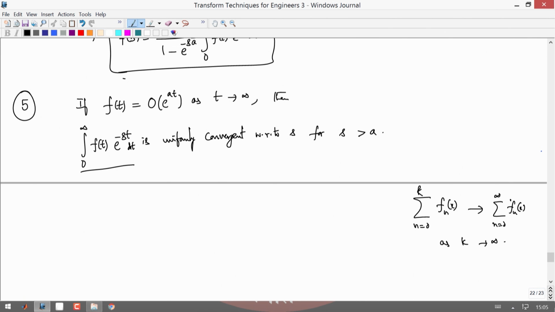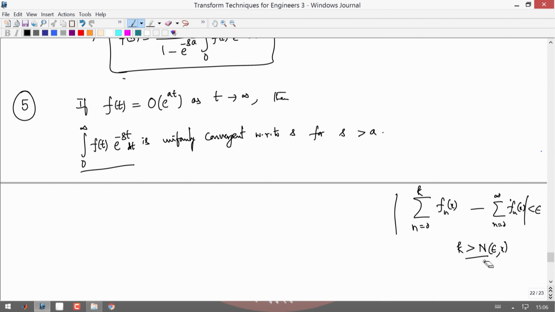Okay. So, what does it mean? This means this minus this can be made less than epsilon whenever k is bigger than some big number n. This n depends on both epsilon and also the value x.